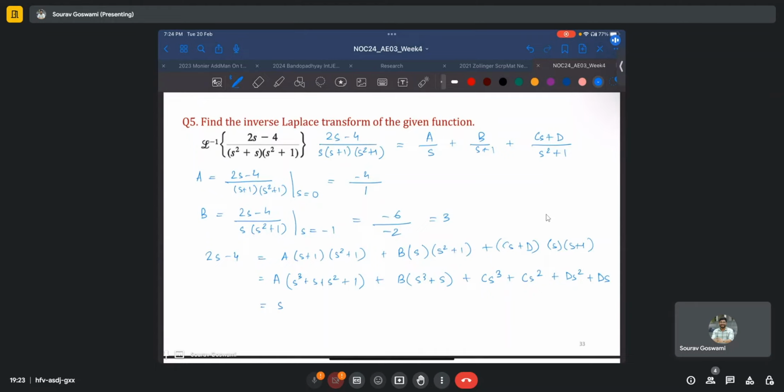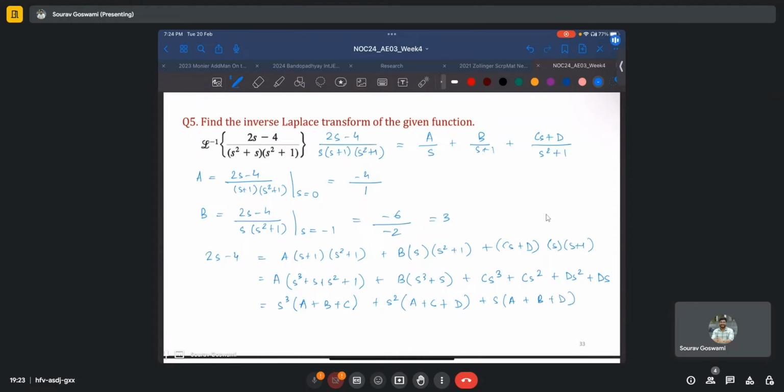And now we collect the coefficients of all of these terms. So s cube will have a plus b plus c. S square has the coefficients a plus c plus d. S has coefficients a plus b plus d.